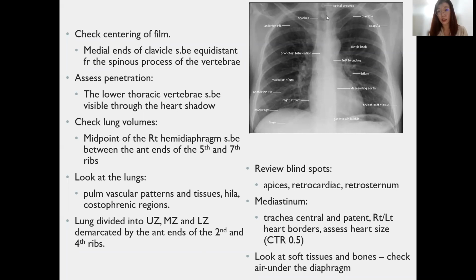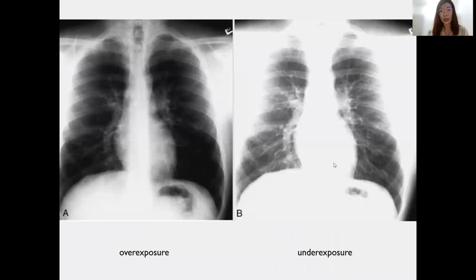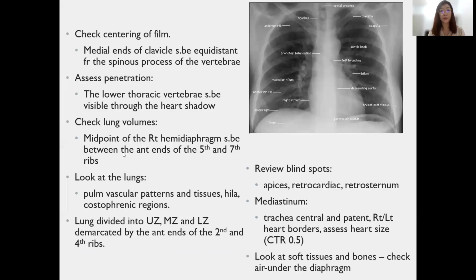If either one is lesser, it is rotation. So this is the first point. Next, assess the penetration like just now. The lower thoracic vertebra region should be visible through the heart shadow. If it's under, then we cannot see the spine. If it's over, we will see further of the spine.